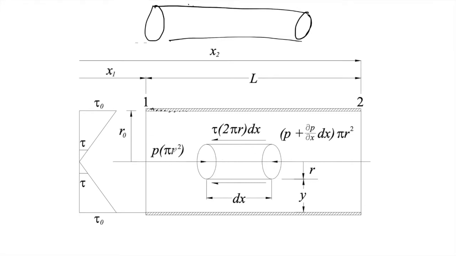So we have P pi r squared here, which is a force. This is force 1, because if the fluid flows, there is a pressure here. So P times the area of this surface gives us the force.